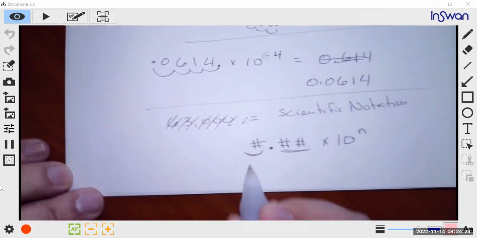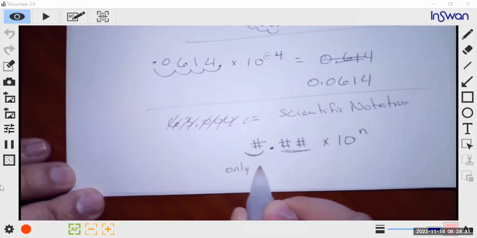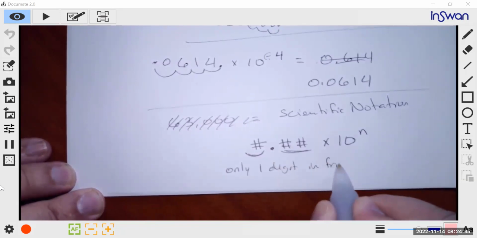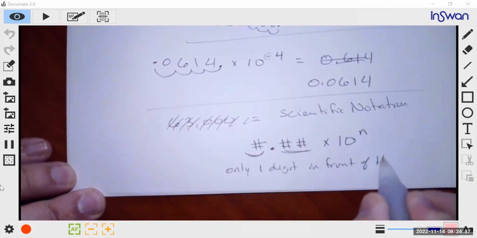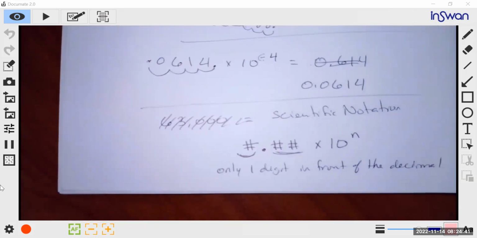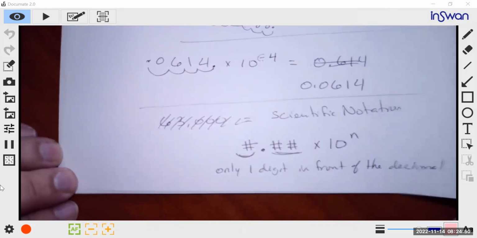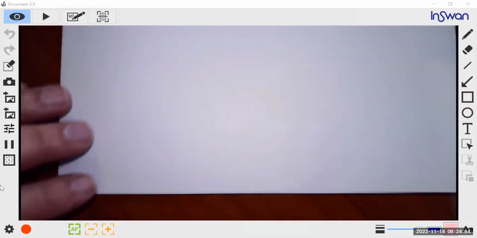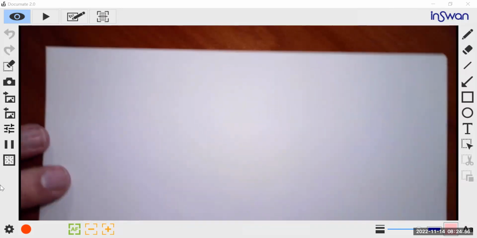So in other words, you only have one digit in front of the decimal. That's the scientific notation. One non-zero digit. So let's look at these.